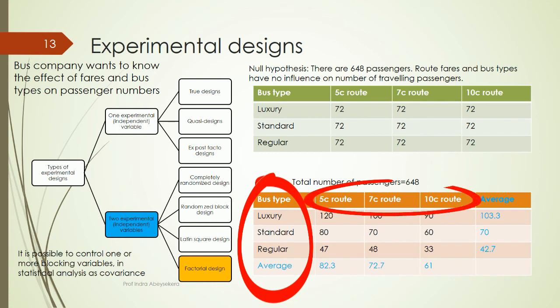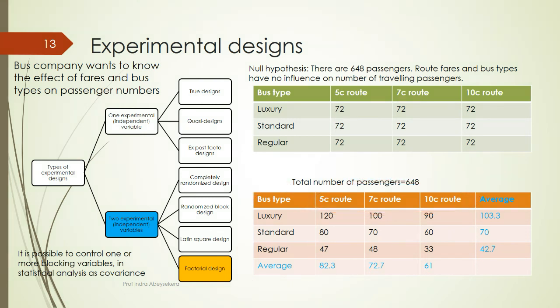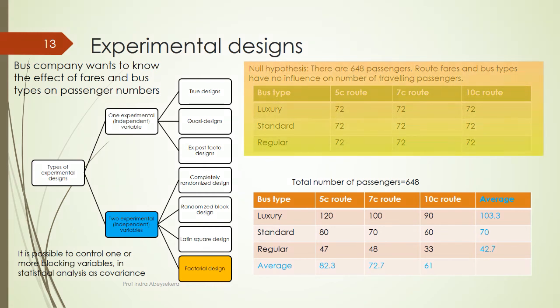There are 3 routes, and then we allocate the fares to this matrix of the 2 independent variables, and then we look at the passenger numbers. So for this purpose, our null hypothesis in this instance is that the passenger numbers will not change, will be equal regardless of the route and the bus type.